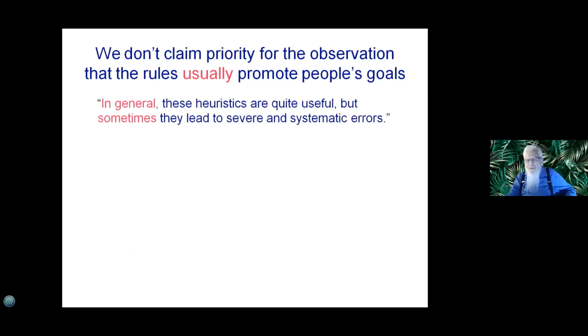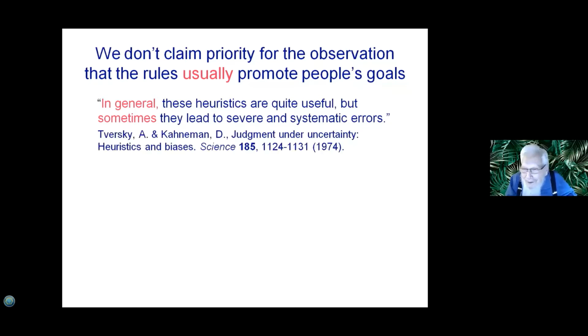There's somebody else who said that beforehand, way before us. In general, they said these heuristics are quite useful, but sometimes they lead to severe and systematic errors. Guess who said that? Guess who said it? The high priests of behavioral economics, Tversky and Kahneman.